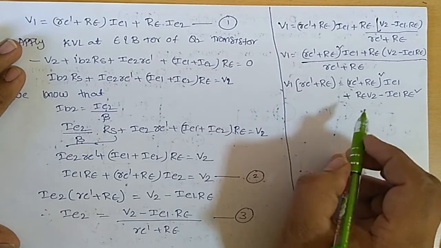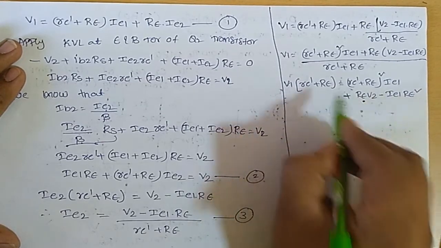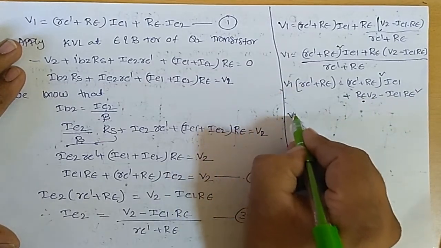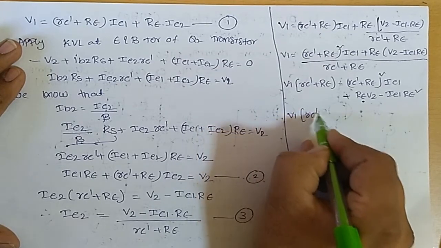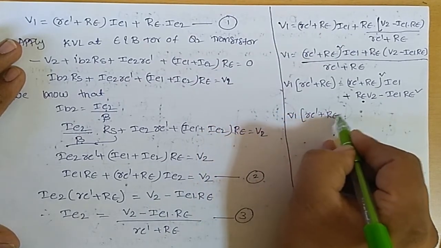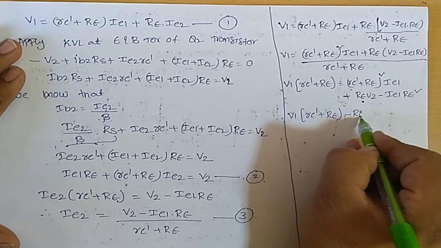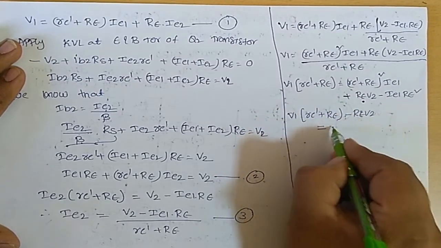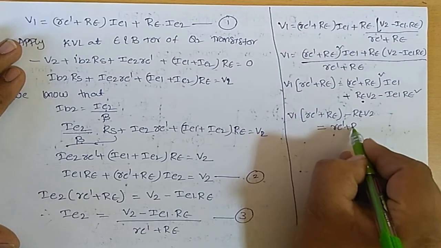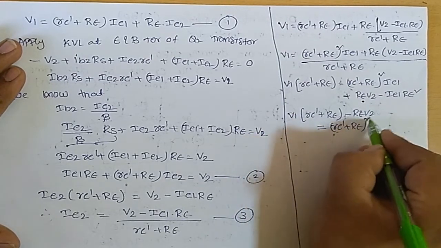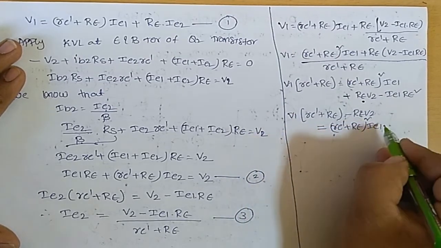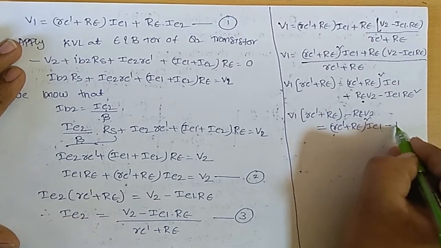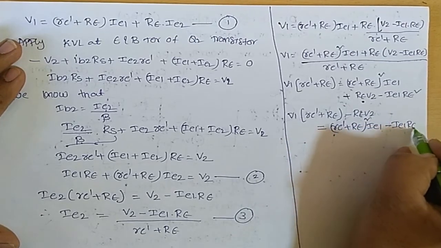Now this term is shifted to the left side, then we get V1 of RE dash plus RE minus RE V2 is equal to RE dash plus RE whole square into IE1 minus IE1 into RE square.